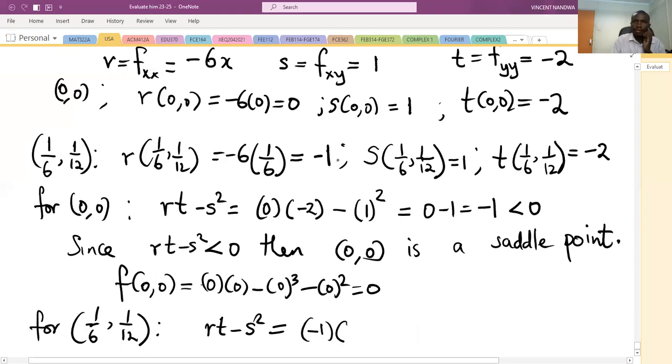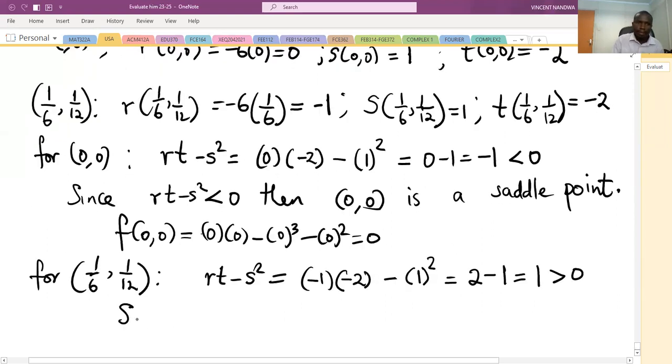And then T from this calculation is minus 2. Minus S is 1, and then square. So this will be 2 minus 1 times minus 2 is 2, and then 1 squared is 1. So 2 minus 1 is 1. So this is a positive value.